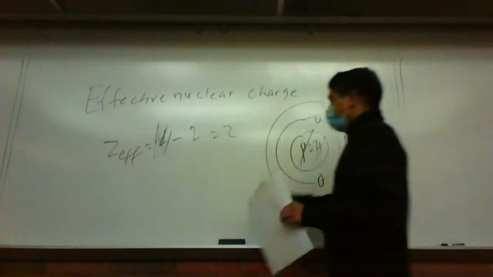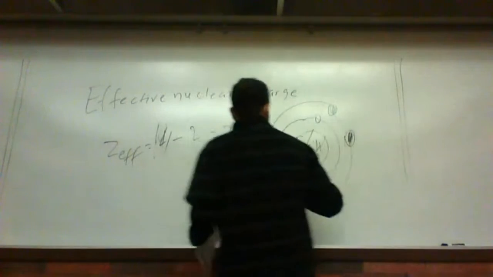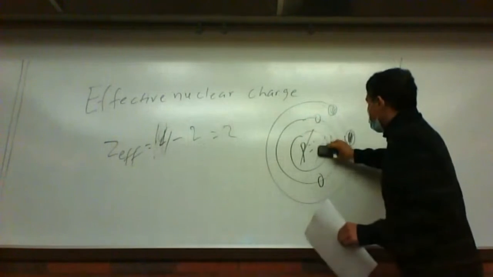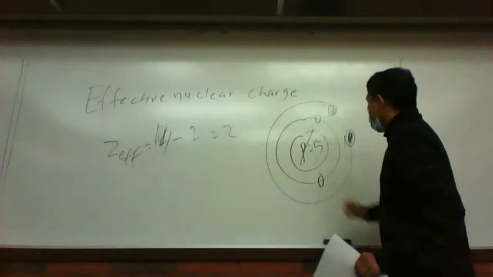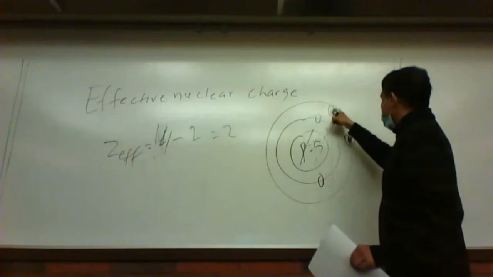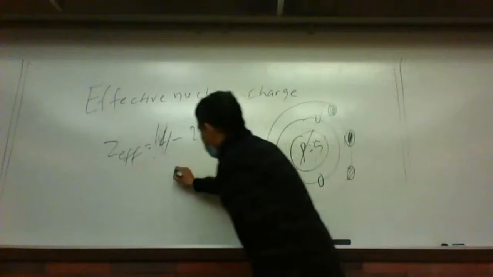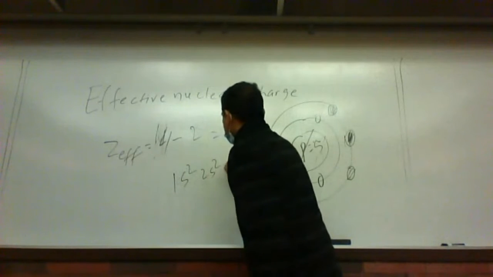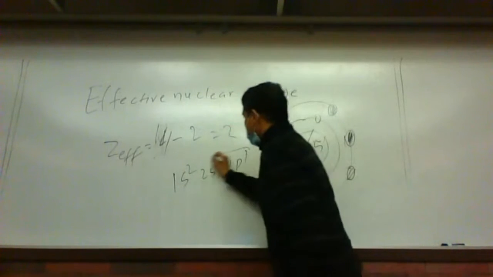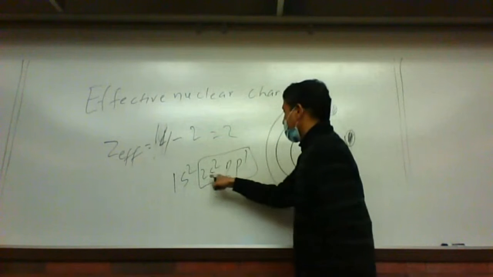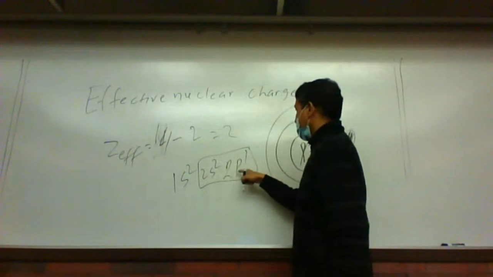Now let's talk about boron. Boron is number 5. So there are 5 protons and 5 electrons. 2 are here, and 1, 2, 3 electrons are here. The electronic configuration looks like this: 1s2, 2s2, 2p1. The second orbit electrons are 2s2 and 2p1.